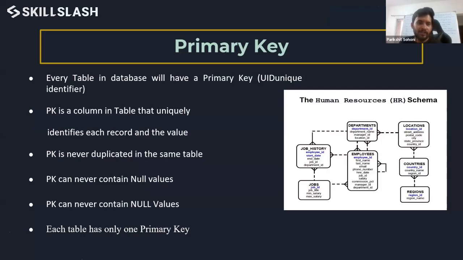Coming back to our slides, the next thing about a primary key is that it is never going to be duplicated in the same table. Like I was showing you in the employees table, the employee who has the employee ID 100, that employee ID is always going to denote one particular employee. Another employee cannot have the same unique identification. If that were the case, we could not call it a unique identification.